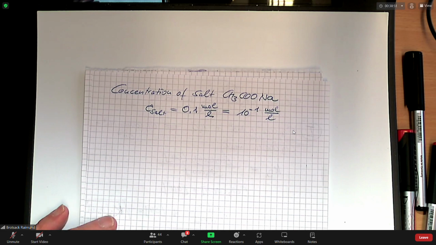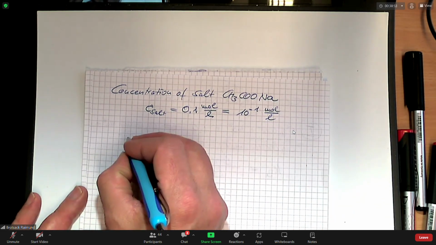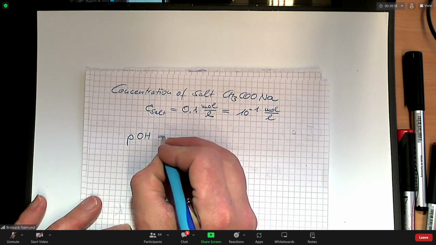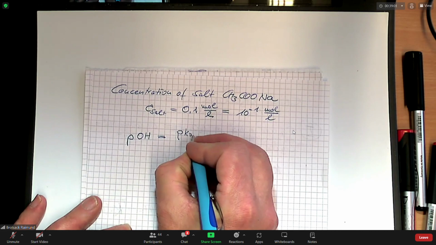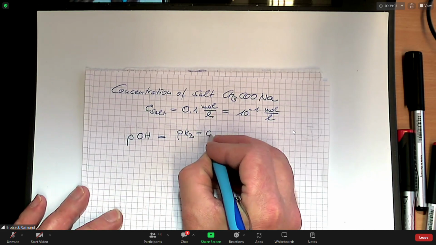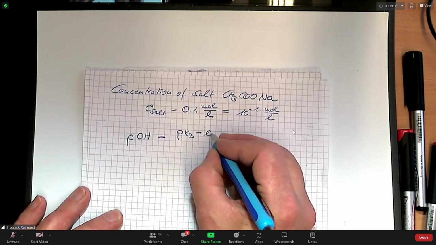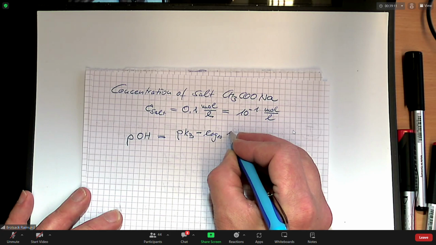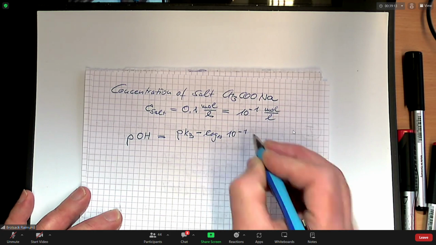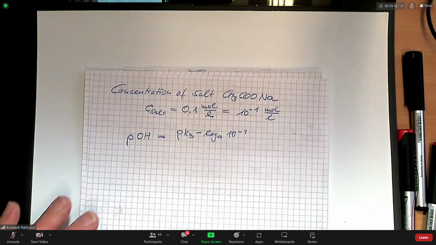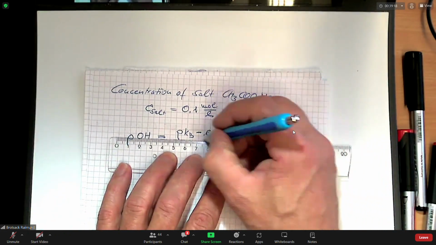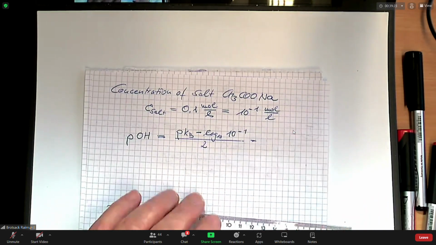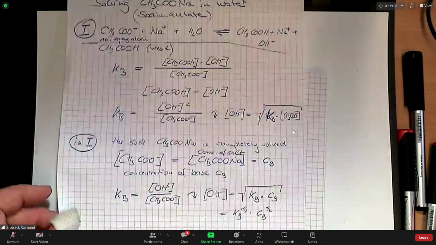Now we can integrate this into the formula. The pOH is pKB minus the log of the concentration, which is 10 to the power of minus 1, over 2. And the pKB, we had it, is 9.26.